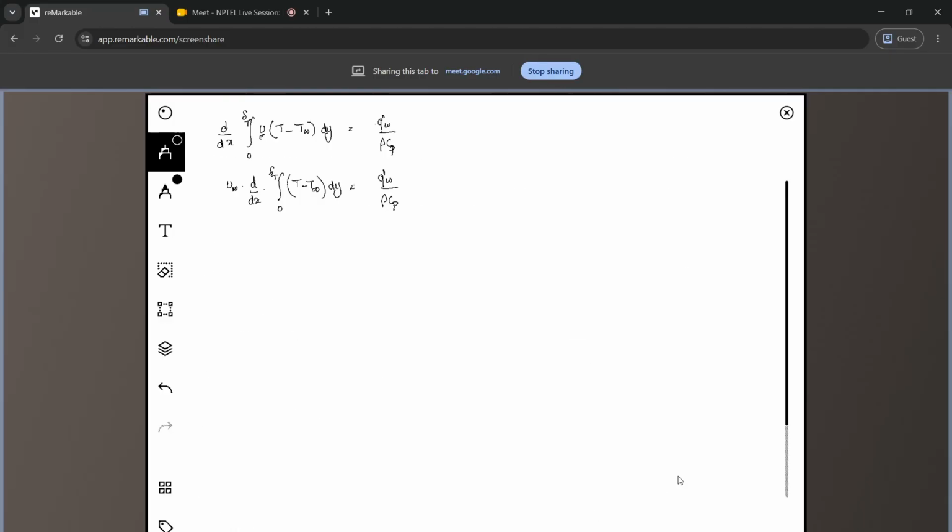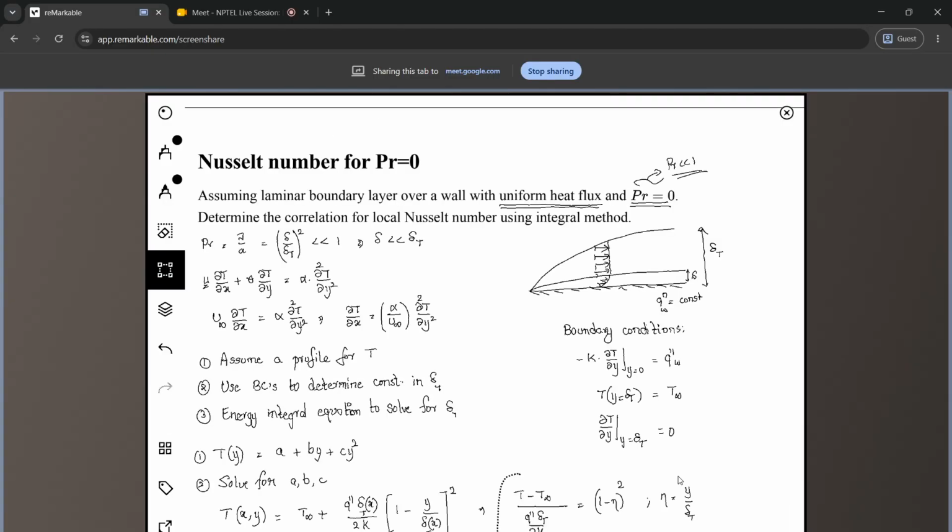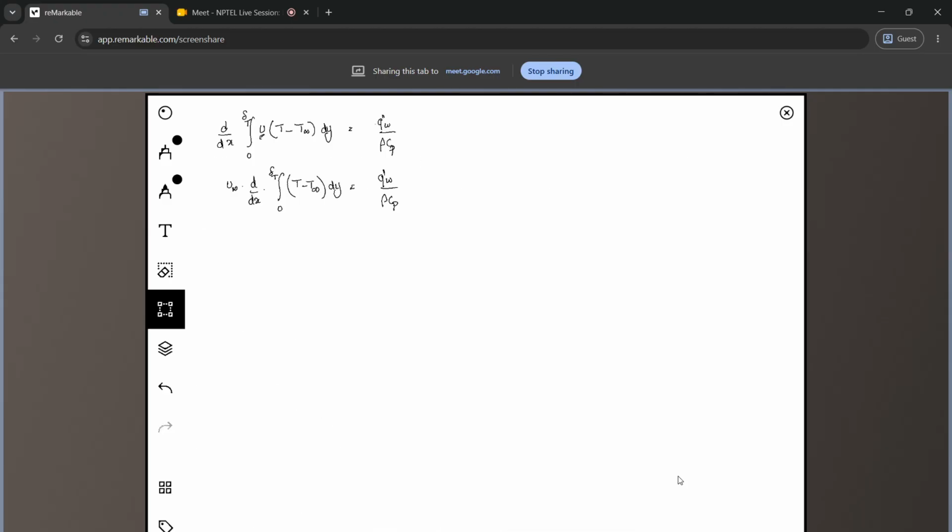From here it is straightforward. We know T minus T infinite from this, so I just substitute that back here. So that would give me q double prime times u infinite by 6k times d dx of, after doing the simplification, I'll get something like this.